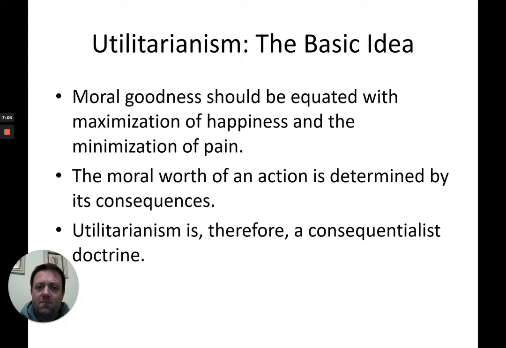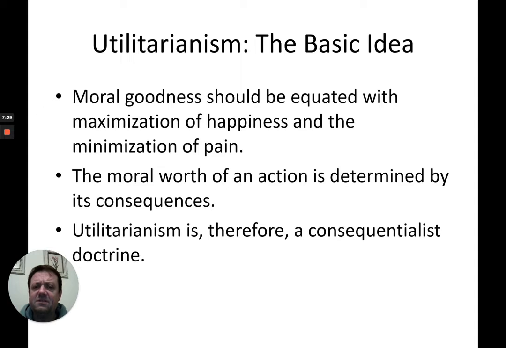So moral goodness, according to utilitarians, should be equated with maximum happiness and minimum pain. And the moral worth of an action is determined by its consequences. Right? So in the case of utilitarianism, consequences relating to increasing happiness and minimizing pain.